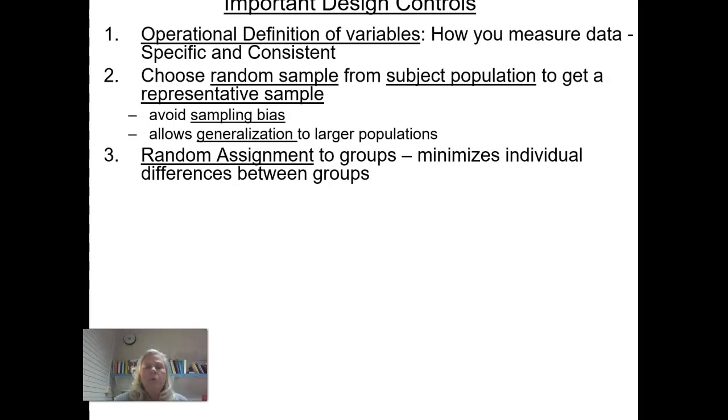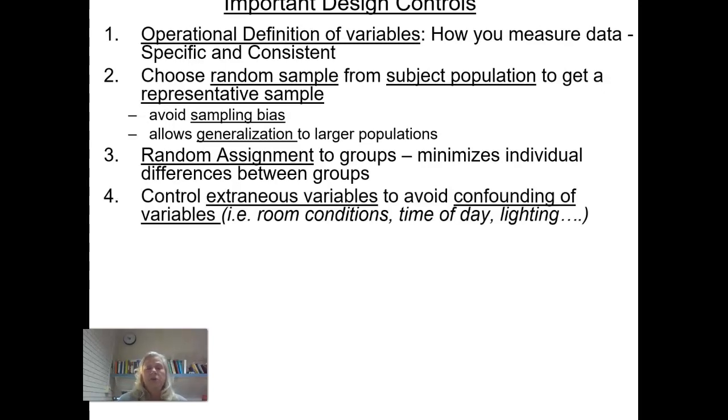Then we take those people who have test anxiety and we randomly assign them to groups. One group is going to be the experimental group and one group is going to be the control group. In the experimental group, they would have the session of meditation and the control group would not. And what this does is it minimizes individual differences between groups.